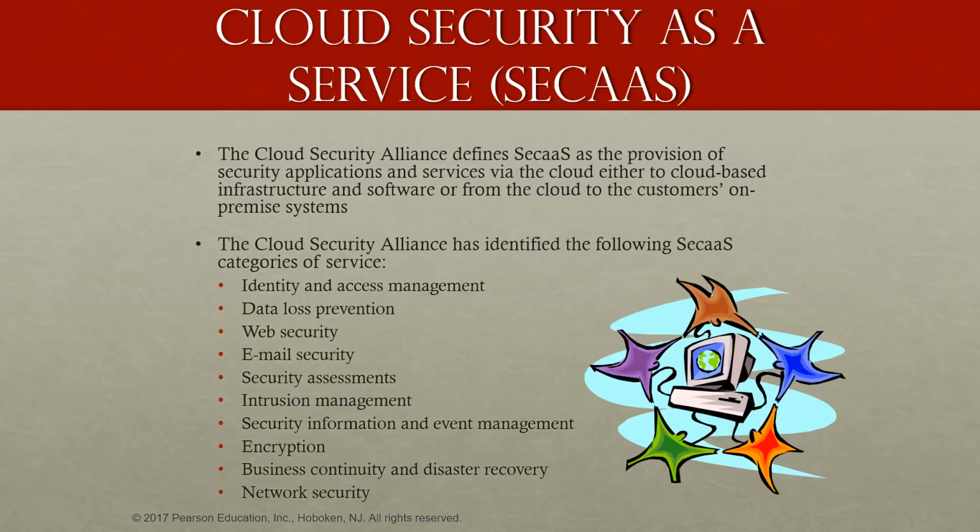The Cloud Security Alliance has identified the following SECaaS categories of service: identity and access management, data loss prevention, web security, email security, security assessments, intrusion management, security information and event management, encryption, business continuity and disaster recovery, and finally, network security.